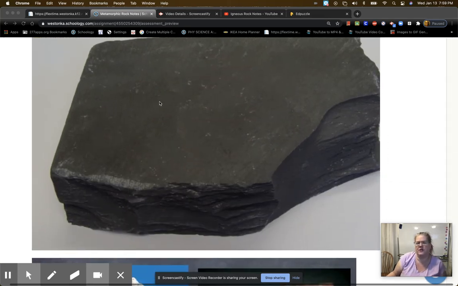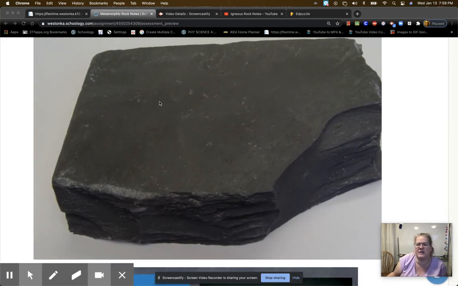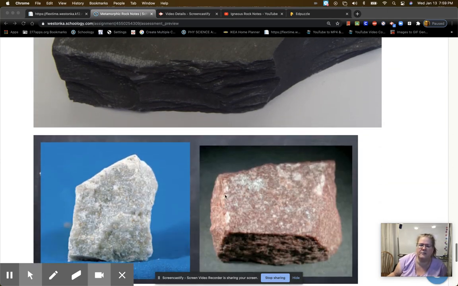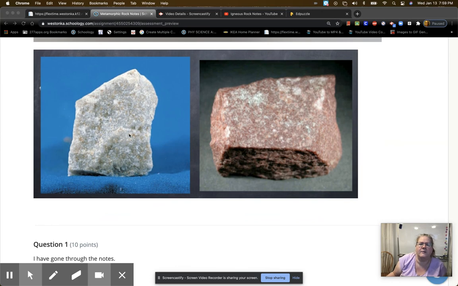Here is, if you're trying to figure this out, this is a piece of slate. You can see nice layers going on in there. Okay, if I told you that this has no foliation on the left, but it does not fizz with acid, we would know it would have to be quartzite and not marble.